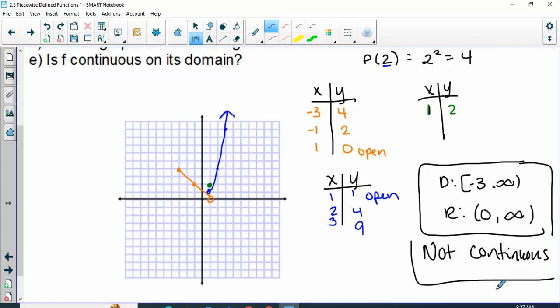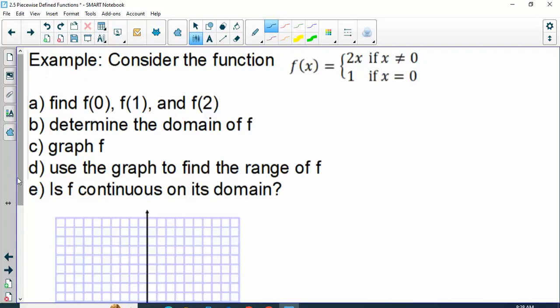Questions there? Let's look at one more. So if I said f of 0, which piece am I plugging that into?